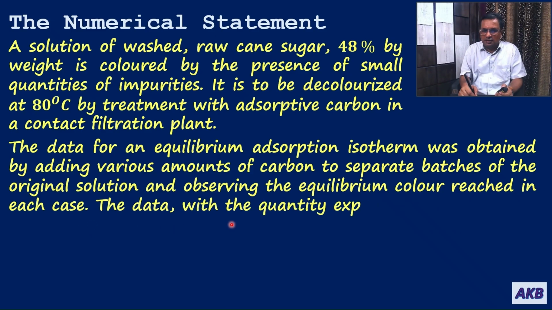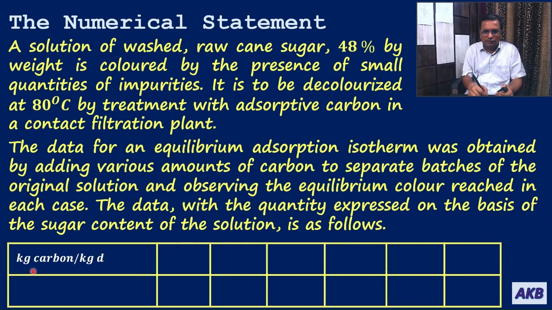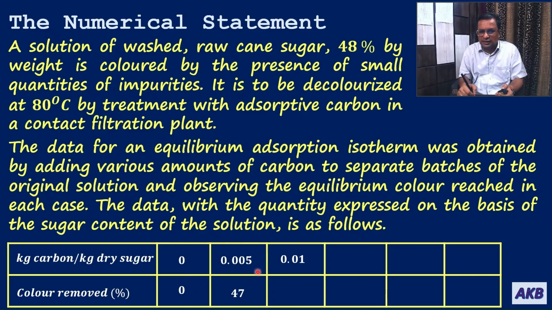The data with the quantity expressed on the basis of the sugar content of the solution is as follows. The data is given in this table. We have different values of kg carbon per kg dry sugar, and we have different values for percentage color removed. So this data is given to us.